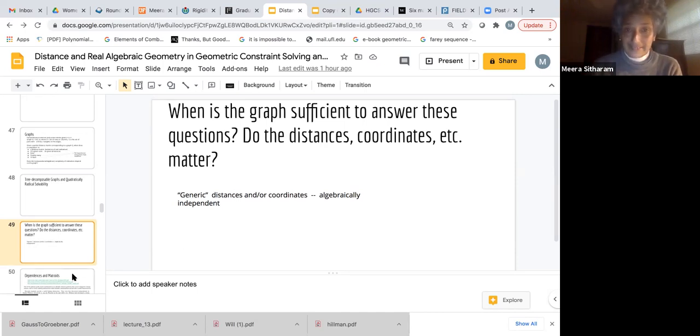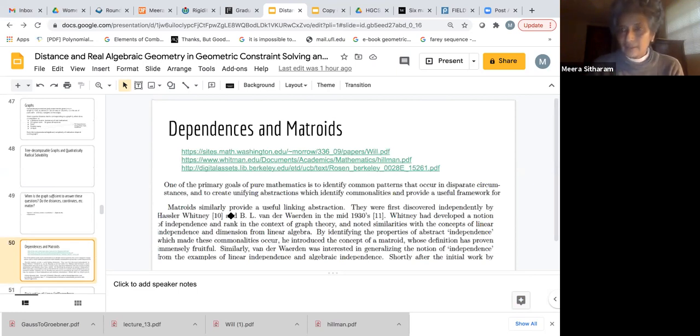But the idea of dependences, in this case between edges of the graph, because the third edge in a two-dimensional zero extension was dependent. This idea of dependence between various things in a graph, or you can think of that particular distance being dependent on the other distances, or the polynomial pi minus pj squared that corresponded to that third distance being dependent on the previous polynomials.